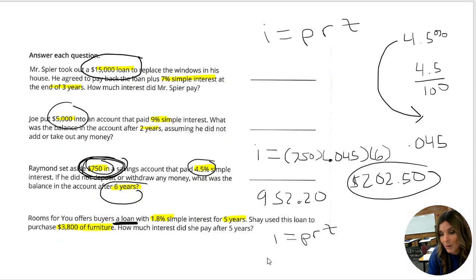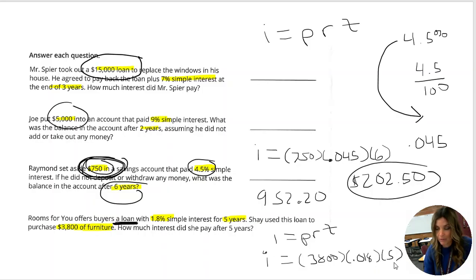We plug in what we know to figure out what we don't know. So our principal is $3,800. Our rate this time, if we take 1.8 divided by 100, we are going to get 0.018, and then times 5. Okay, so 0.018 times 5 times 3,800 gives us 342.